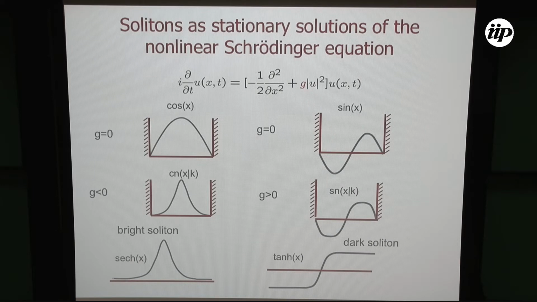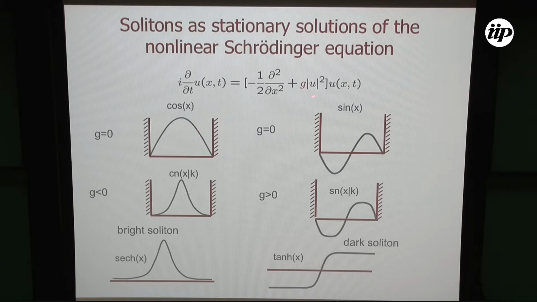Now, just as a cartoon picture of how you get to solitons and nonlinear waves, let's start with a well-known wave equation. Here the nonlinear Schrödinger equation is the most relevant one. And then you can find some of these nonlinear waves by continuation from well-known linear wave solutions.